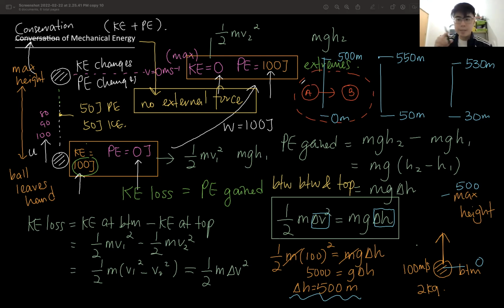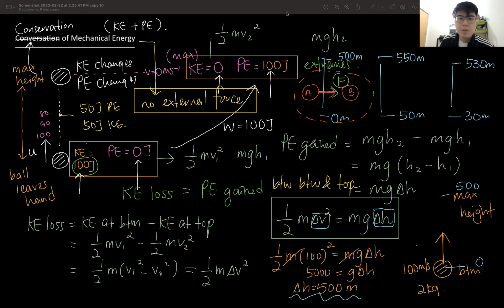So is gravity an external? The gravity acting between these two, is gravity external? No, it's not external, because we take the earth as our system as well. When body A goes and hits body B, it applies a force F. Is this force an external force? No, because this force is coming from body A, and body A is originally inside the system.